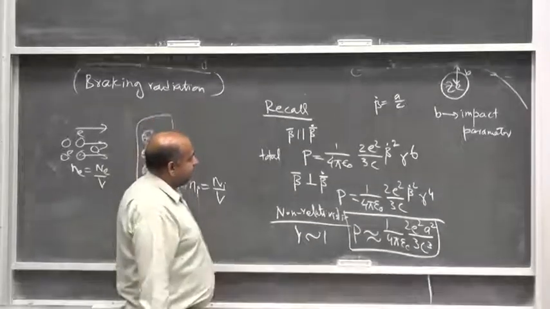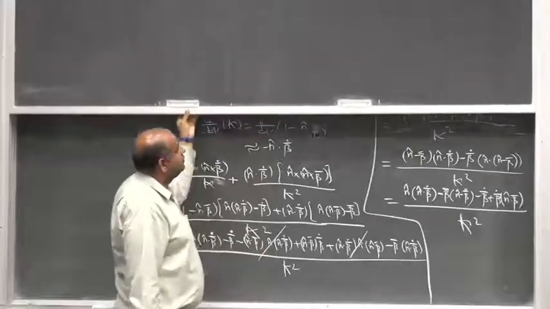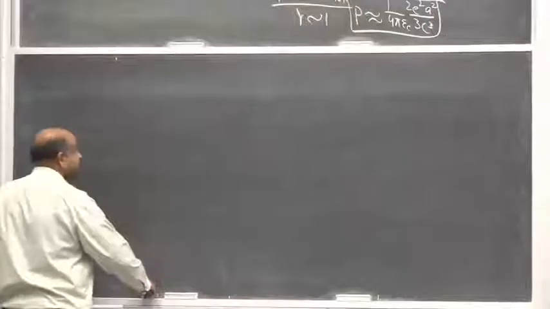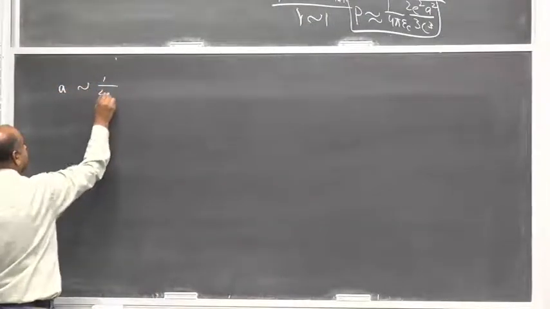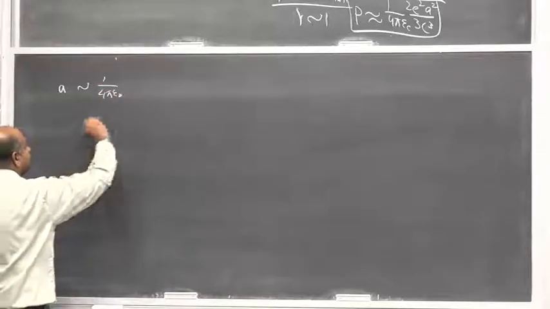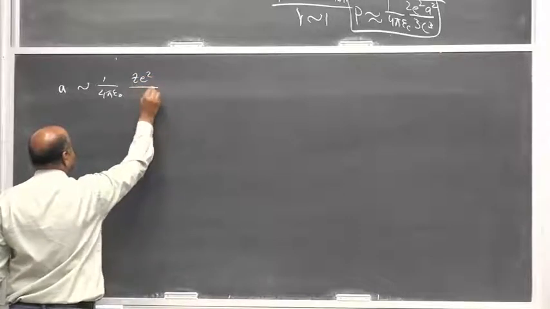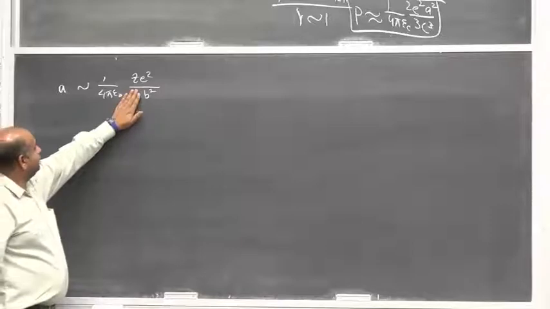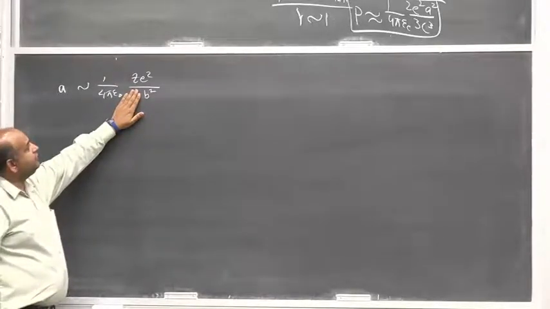Now, the acceleration in this case we can approximate as 1 over 4 pi epsilon naught Z e square over m b square. ये जो है ये फोर्स है पार्टिकल में, E इसका चार्ज है और Ze इसका चार्ज है, तो ये कूलम फोर्स है.